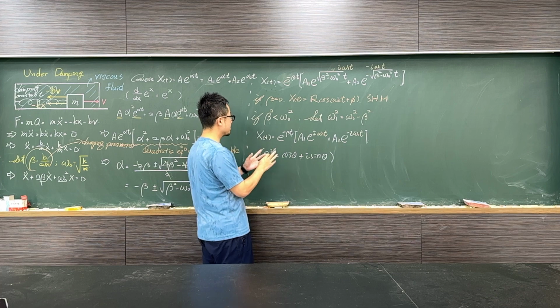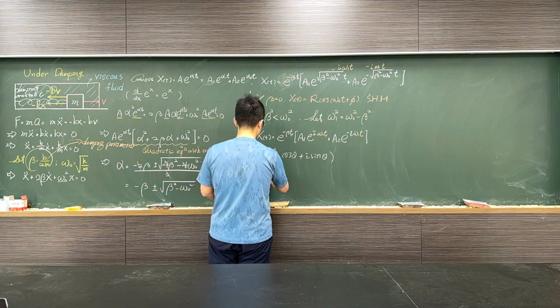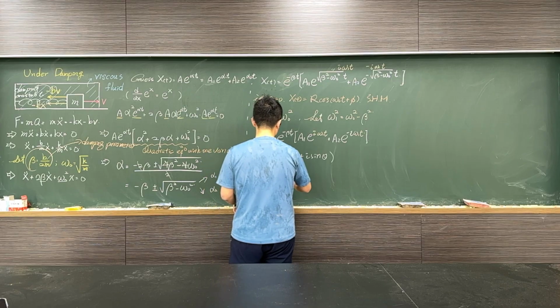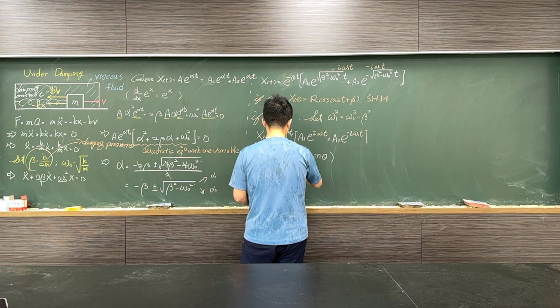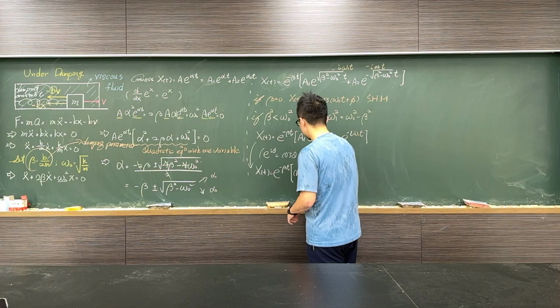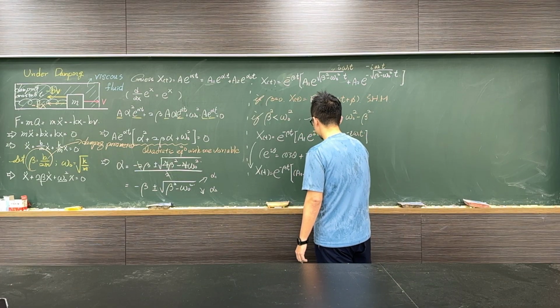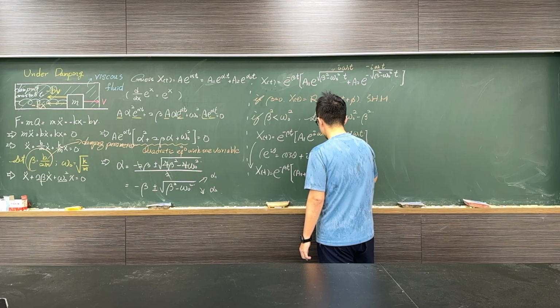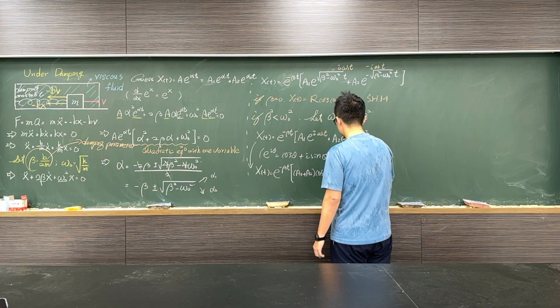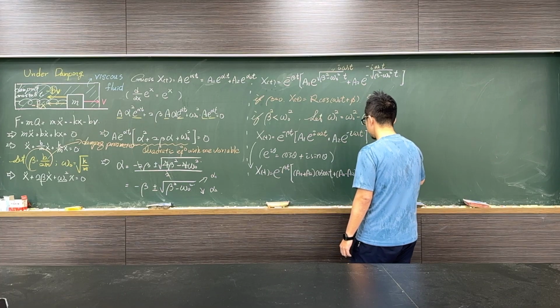So I want to enhance all this process. The x as a function of time can be written down as e to the minus beta t, and inside the parentheses is a1 plus a2 times cosine omega 1 t, plus i times a1 minus a2 times sine omega 1 t.